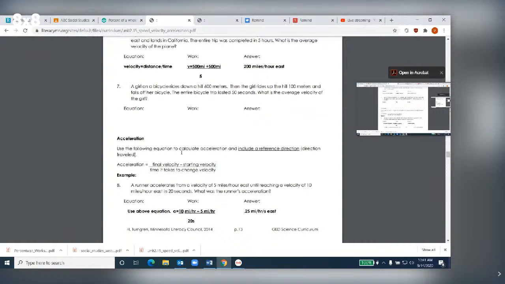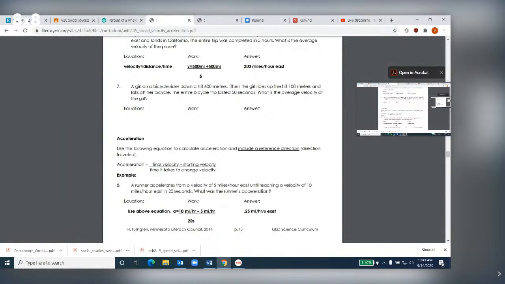And acceleration is final velocity minus starting velocity over the time it takes to change velocity. Okay. So this one, a runner accelerates from a velocity of 5 miles an hour until reaching a velocity of 10. So final velocity would be 10.